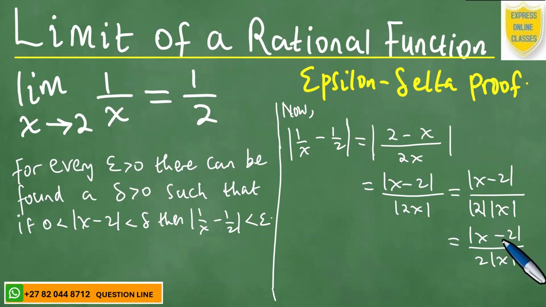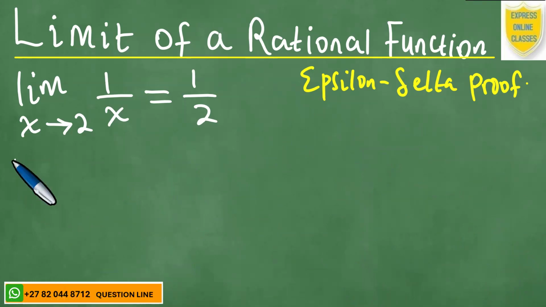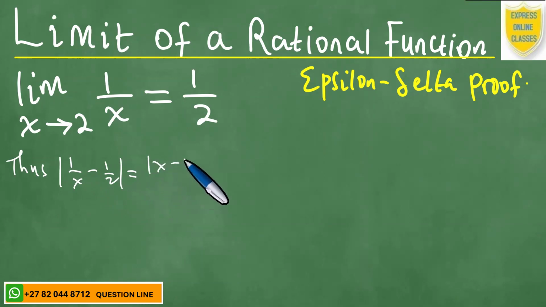So now the only challenge becomes, thus, whenever we have the absolute value of 1 over x minus 1/2, it is exactly the absolute value of x minus 2 all divided by 2 times the absolute value of x.